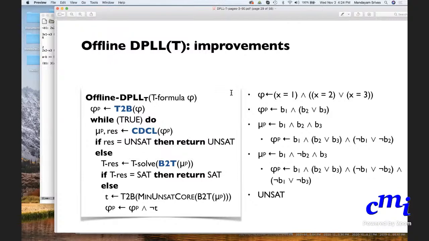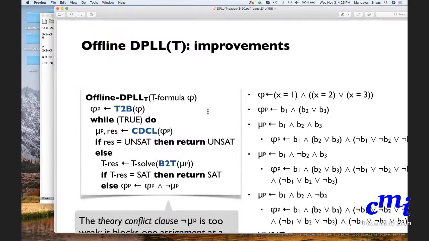So DPLL, without all the bells and whistles that we have so far discussed, is essentially doing that. So what you are saying is a solution to the basic propositional structure, correct?